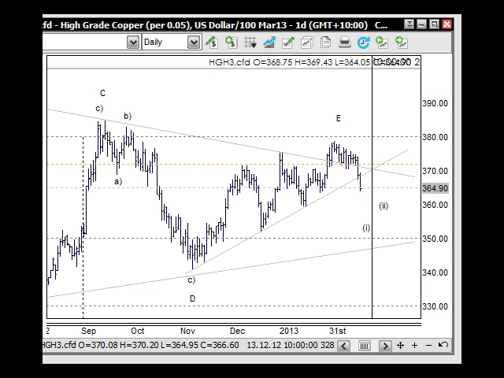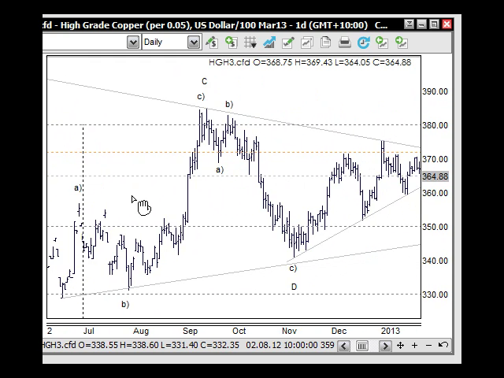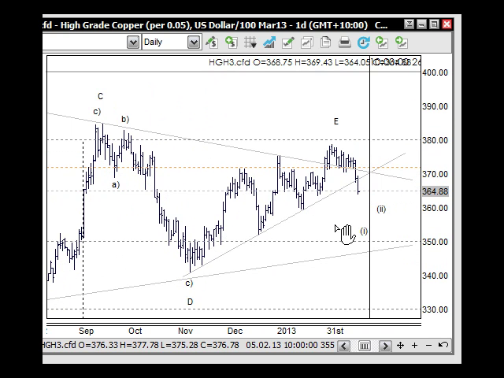Back into the metals here. This is just the daily chart. It's a futures contract, the March contract, so it doesn't have it all here. But yesterday we pointed out the big triangle pattern in the copper market, in terms of the LME copper, so this is obviously much the same.